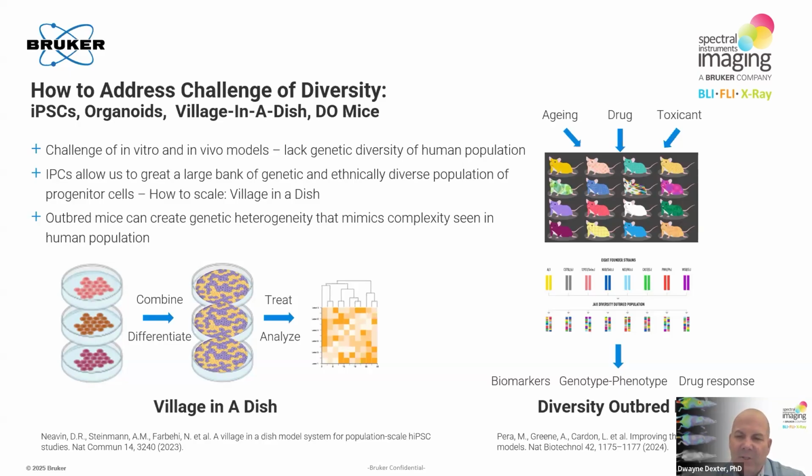And these diversity outbred colonies can be used to study a wide variety of activities. They've been used to study genetic factors that influence cardiotoxicity. They're being used to understand how aging impacts, for instance, loss of immune cell components as we age. So it's an interesting approach of using mice and developing genetic diversity that is easily tracked. I mean, that's the key thing here.